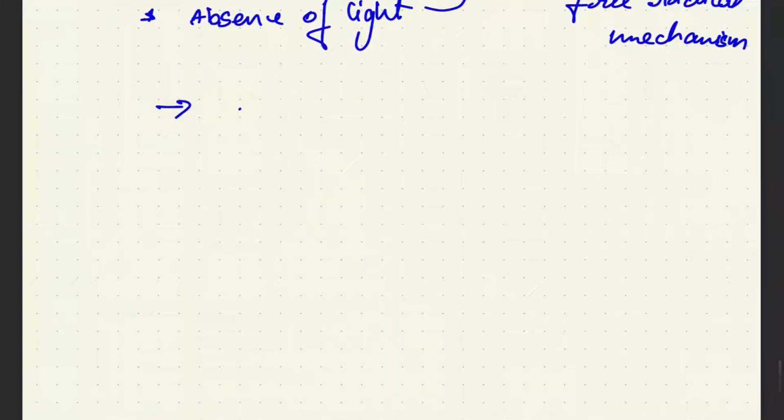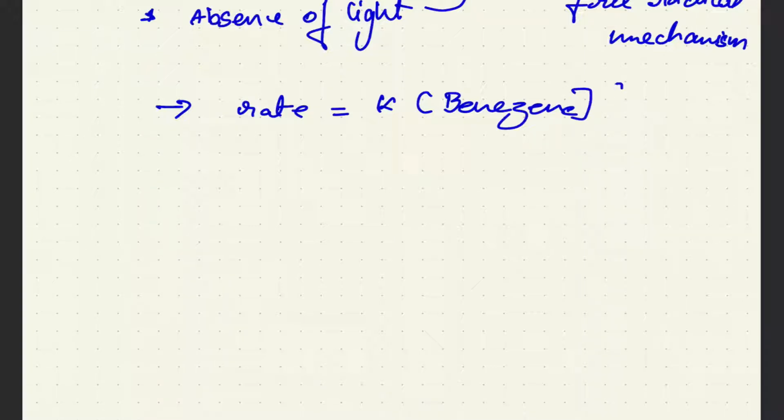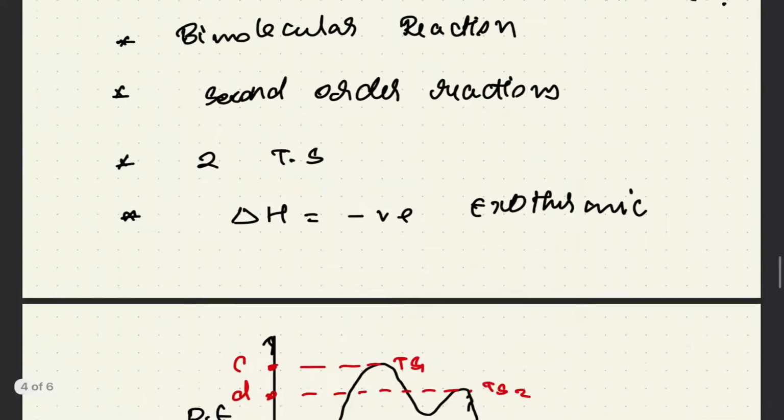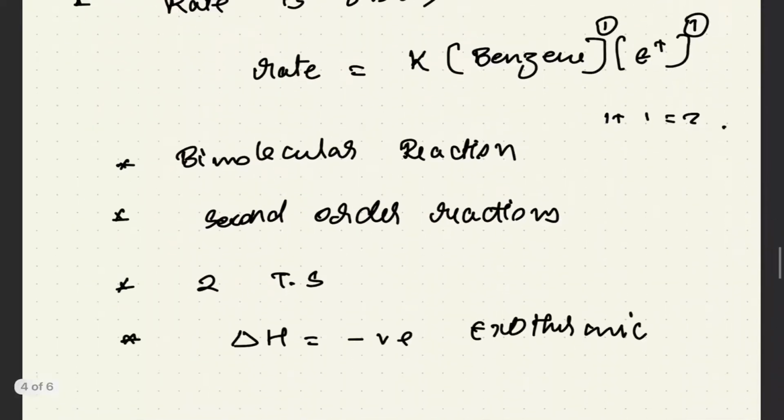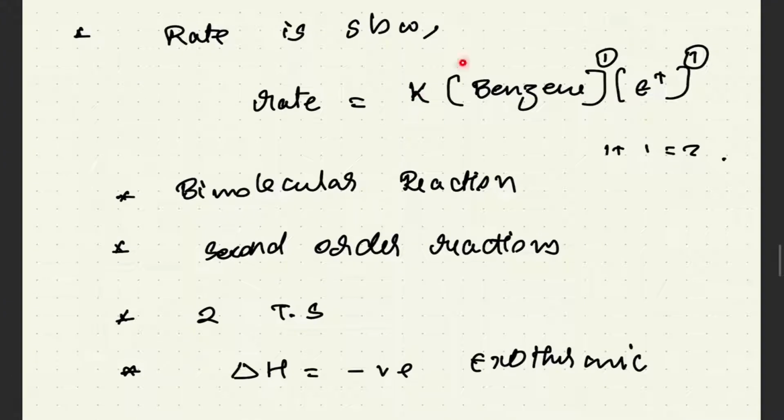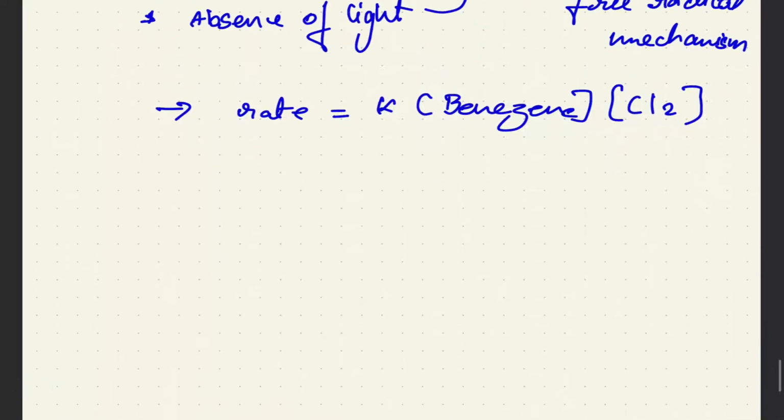And then the rate of this is k into concentration of benzene into concentration of Cl2, as we have spoken already here. In this part, instead of E plus we have X plus, that's all, or Cl plus, whatever.